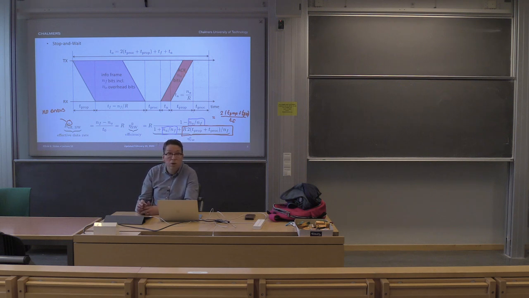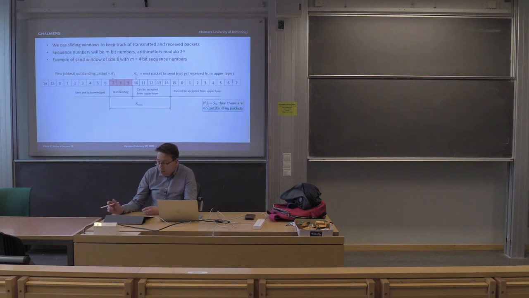And that's the essential idea about using a protocol called go-back-N, where we continuously transmit frames and then keep track of the acknowledgements that come back. Okay, so to do that, we need some bookkeeping. We need to keep track of the frames that we have transmitted, and we need to keep track of the acknowledgements that we get back in order to not lose any packets or duplicate packets and so forth.